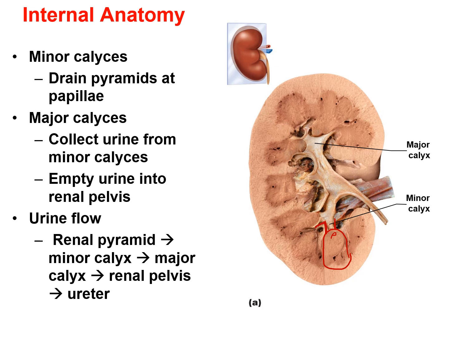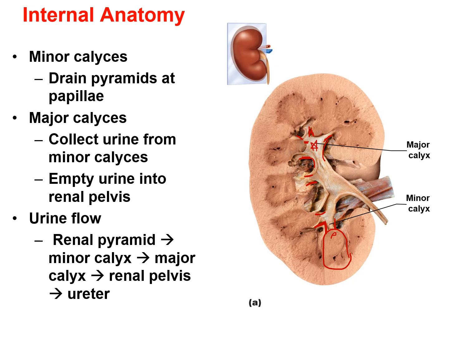Each and every single one of your papillae are going to drain into a minor calyx, and from the minor calyx you are going to have multiple minor calyces joining up to form something called a major calyx. So you have multiple papillae and minor calyces that then join up to form a larger tube called a major calyx, and that's what we're looking at right here.